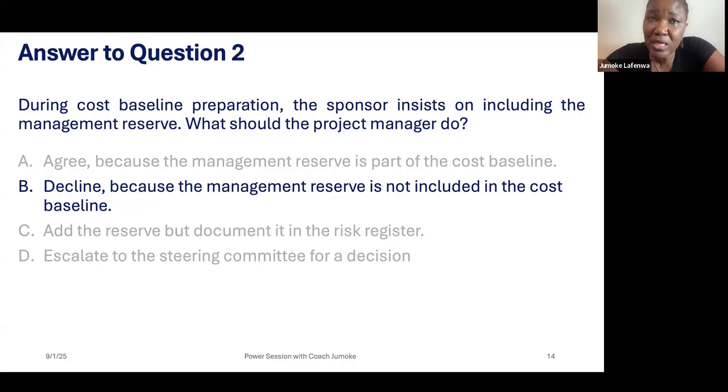I've been telling my students that sometimes the questions, you don't understand it. If they give you 10 hours, you don't know it. Just look at the options, bearing in mind that PMI is an ethical organization. PMI believes in a win-win situation. PMI believes in communication. PMI believes in resolving issues, finding solutions. PMI believes in value delivery.